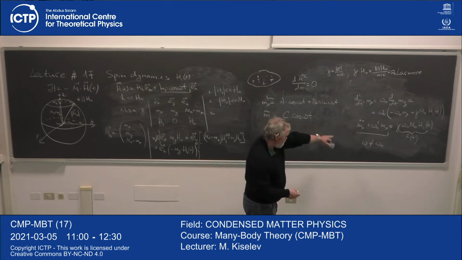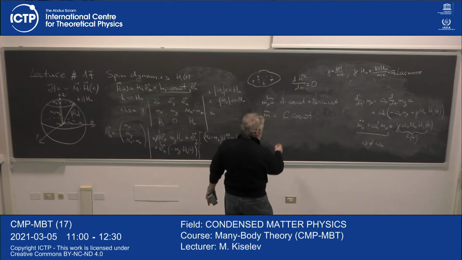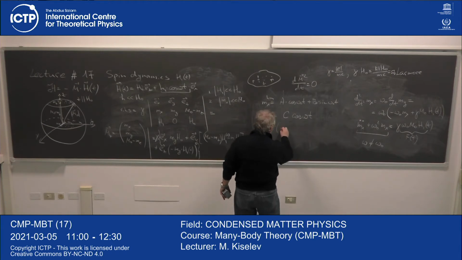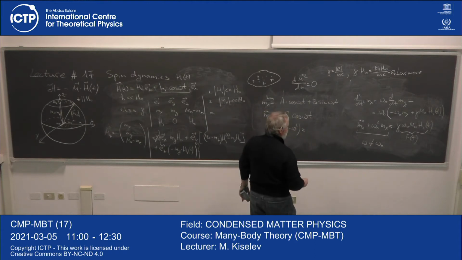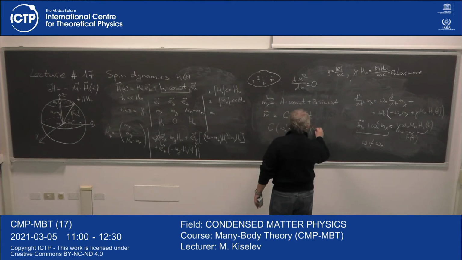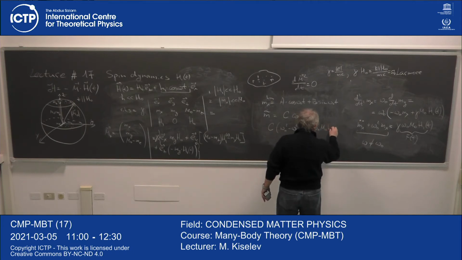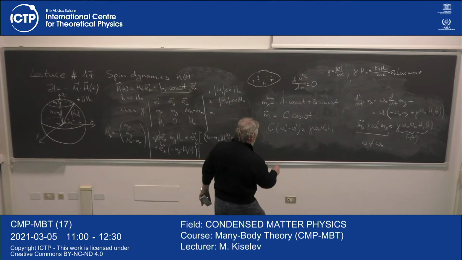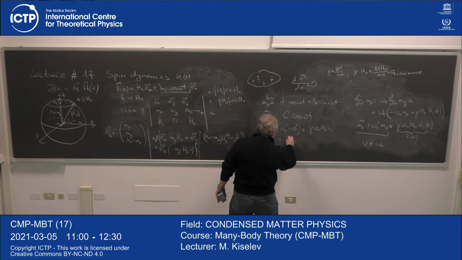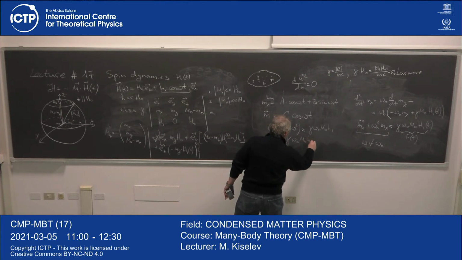Then I will look for a solution of this equation in this form. If I plug it in, I get the constant C times omega naught squared minus omega squared equal to gamma omega naught m naught h1, and therefore C is equal to gamma omega naught m naught h1 divided by omega naught squared minus omega squared.